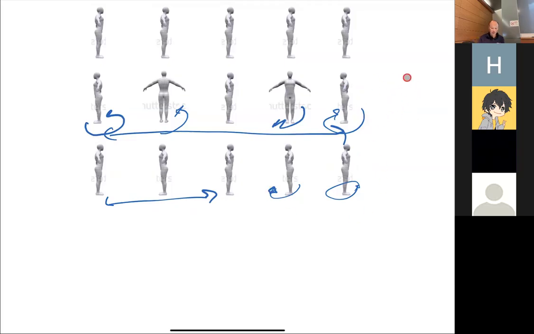Let's call the total period W. So this has a frequency of 1 over W, or let's call it F. And this has a frequency of 1 over 2W. Right. So what about this frequency? What's this frequency?